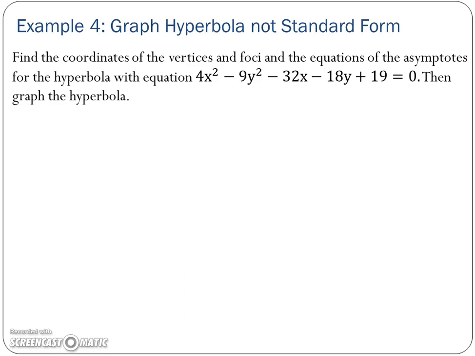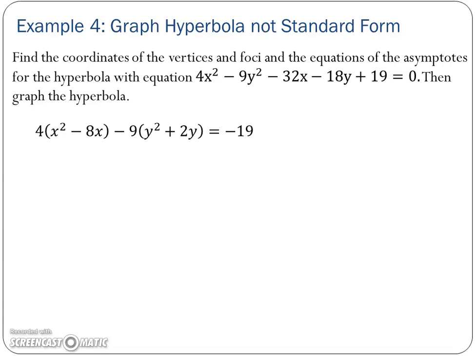Last example, we're going to graph a hyperbola in non-standard form. So we're going to group the x's together, group the y's together, and complete the square, and then subtract 19 from both sides. Since we factored out a 4 and we factored out a 9, we can't forget about that when completing the square. So negative 8 divided by 2 squared is 16, times 4 is 64, and we'll add that to both sides.